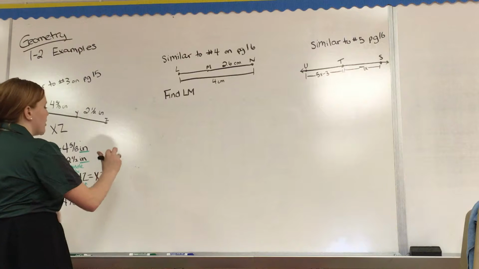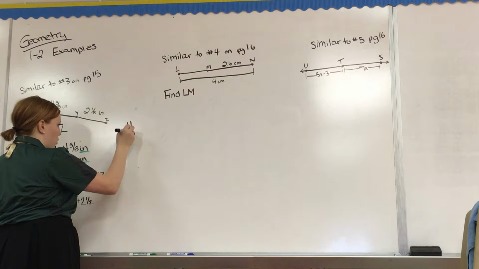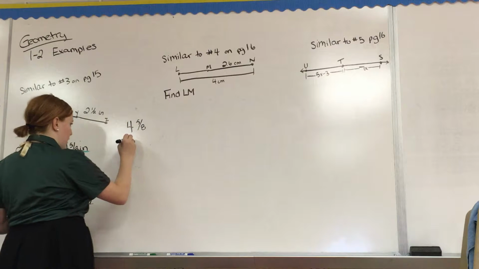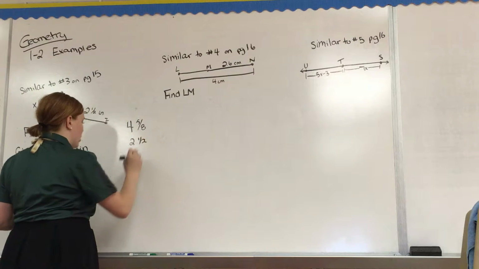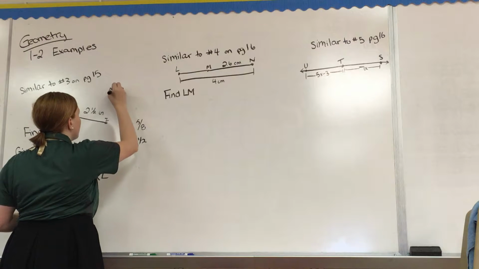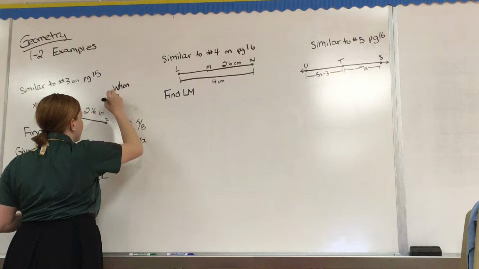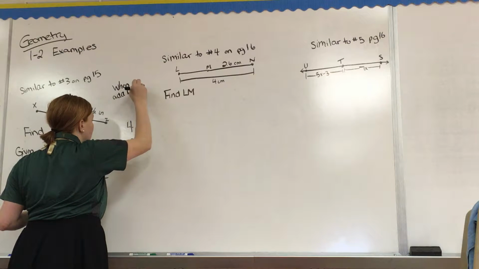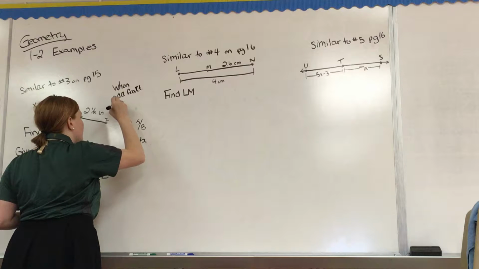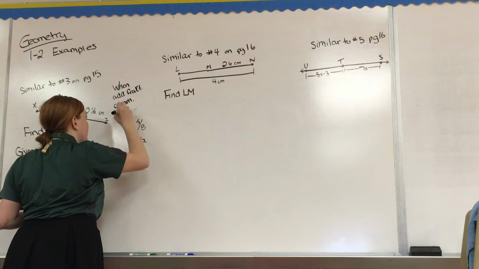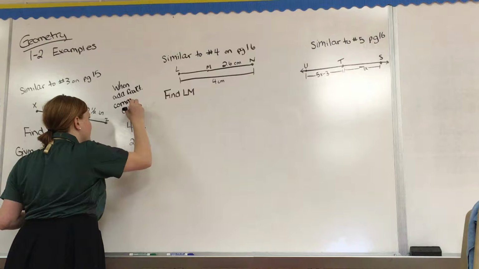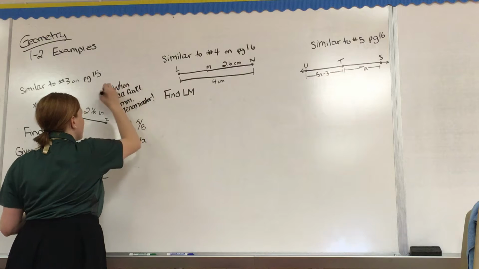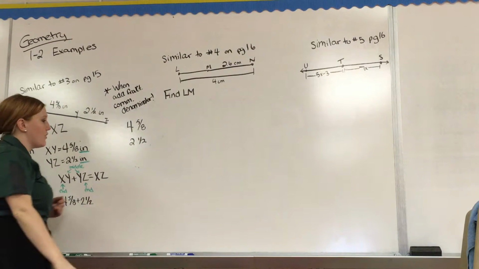Now a lot of you guys don't like fractions, so we're going to work this out. 4 5/8 and 2 1/2. When we add fractions, you have to find a common denominator.